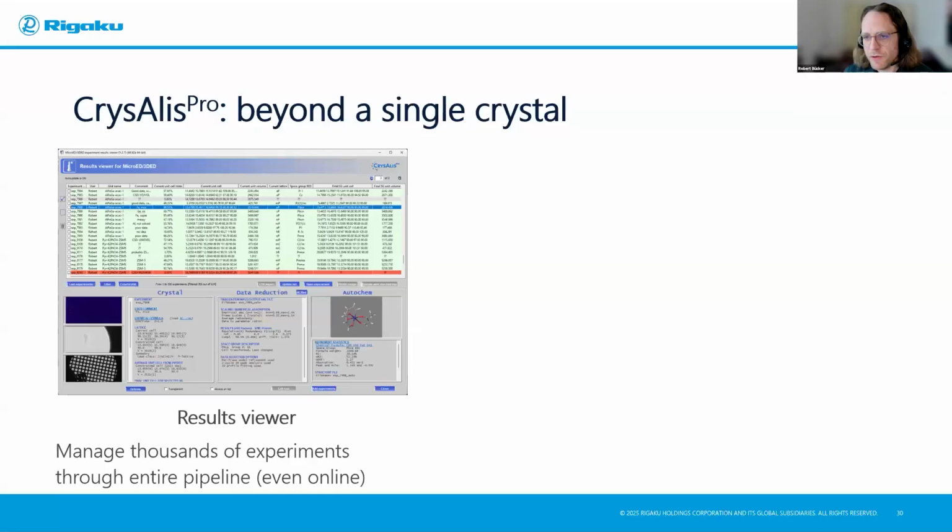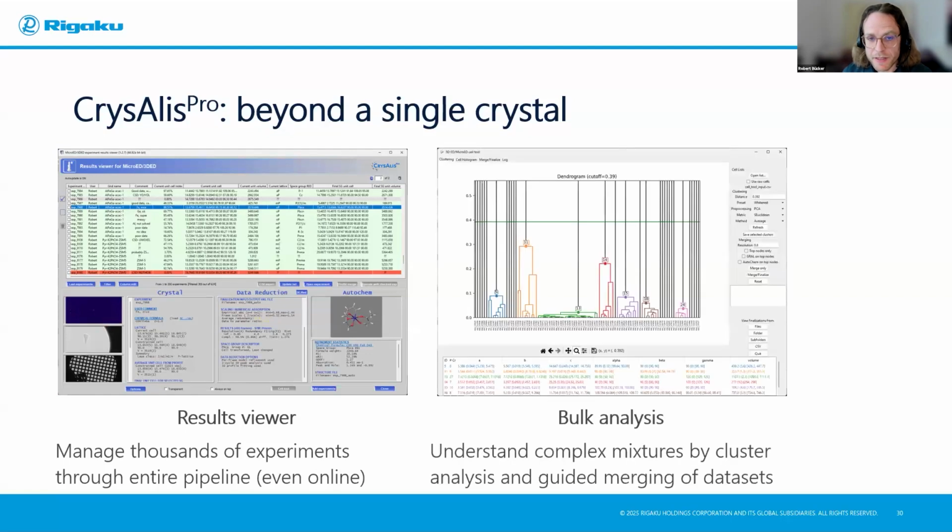And then once you have all of them, of course, you need to manage this amount of data. We now have powerful features for this in our software as well. So we have this results viewer, which has a database where you can store thousands of experiment results from one of those queues, or even what you have on your hard drive already. We have bulk analysis features.